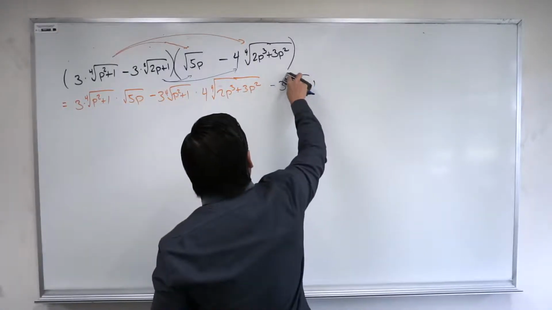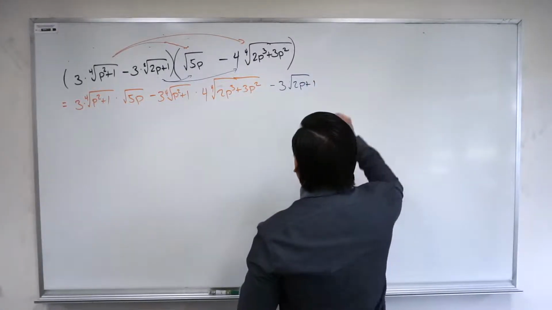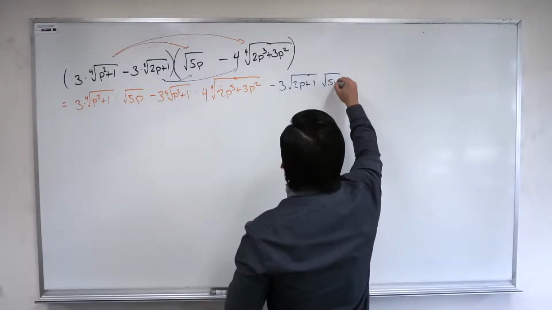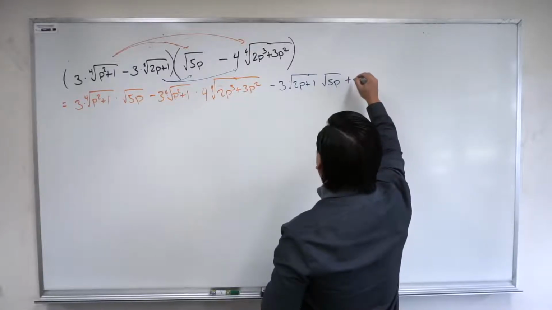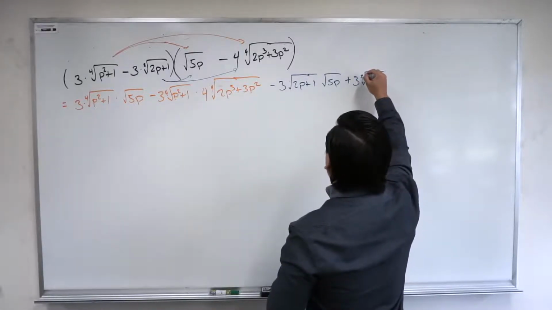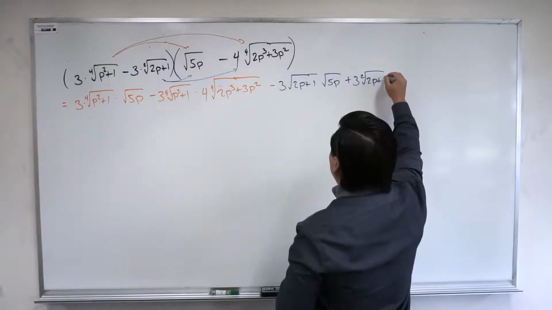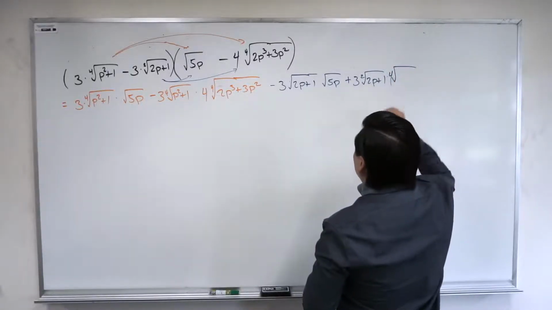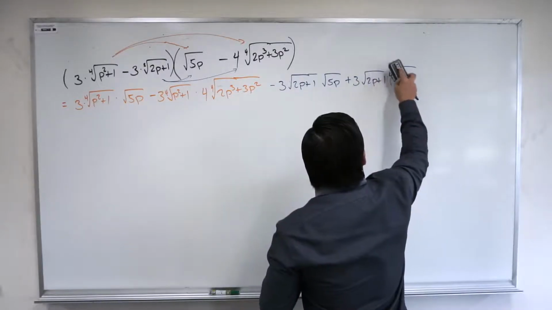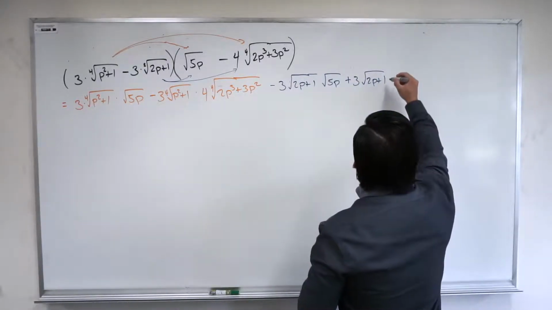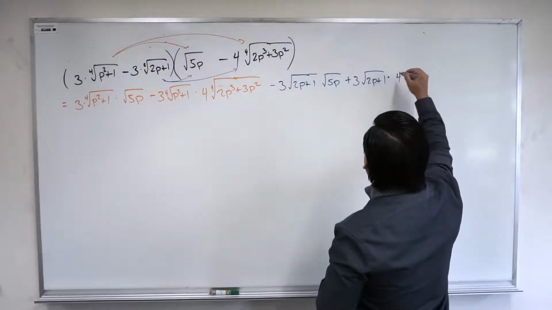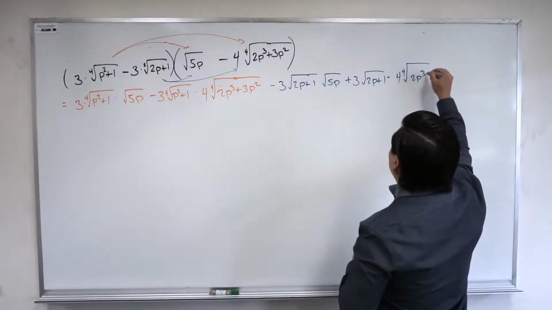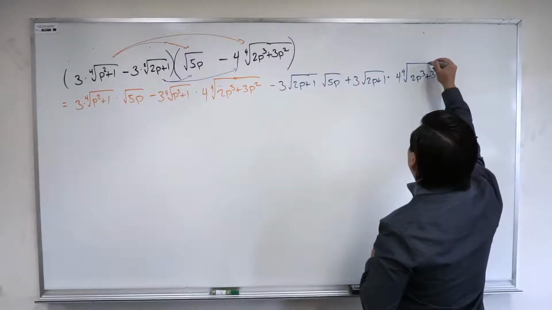We don't need that 2. Square root of 5p plus 3 square root of 2p plus 1 times 4. Maybe write down 2. Fourth root of 2p cubed plus 3p squared.